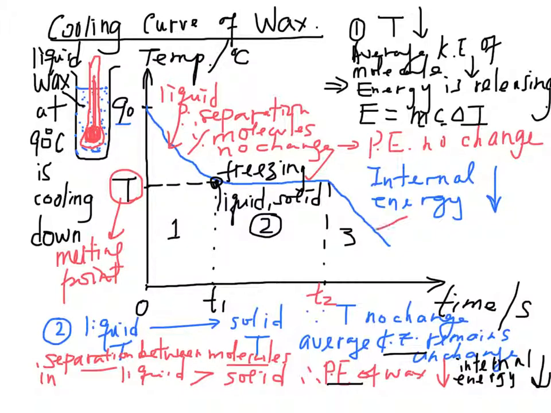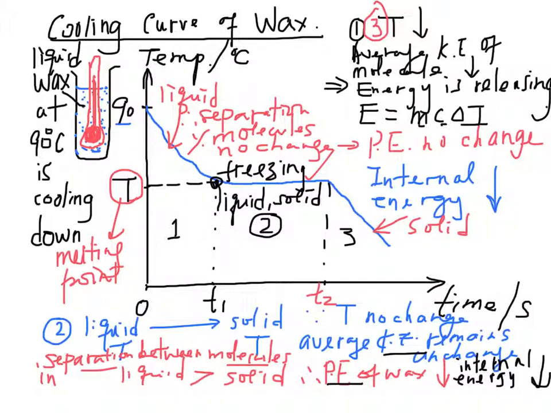That means in region 3, it is solid state. The change of energy in region 3 is the same as that in region 1, except that the state is solid. In region 1, the state is liquid.